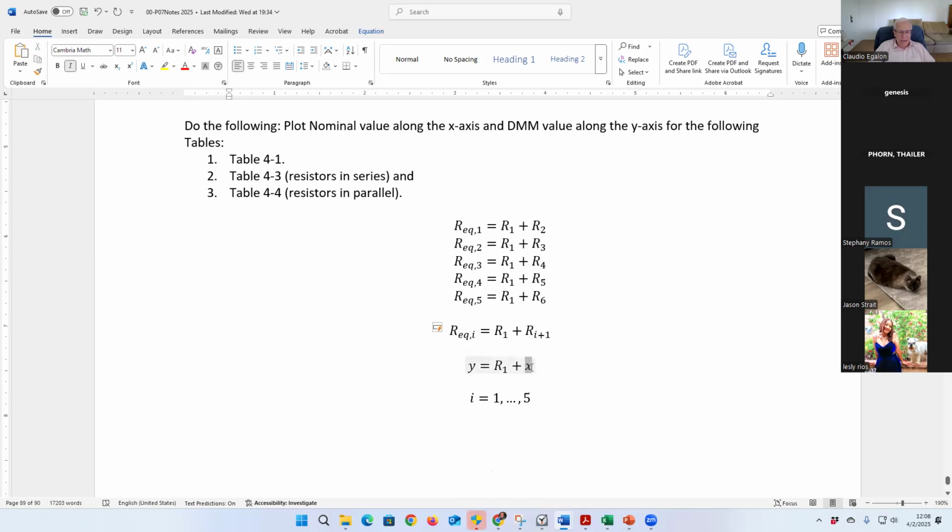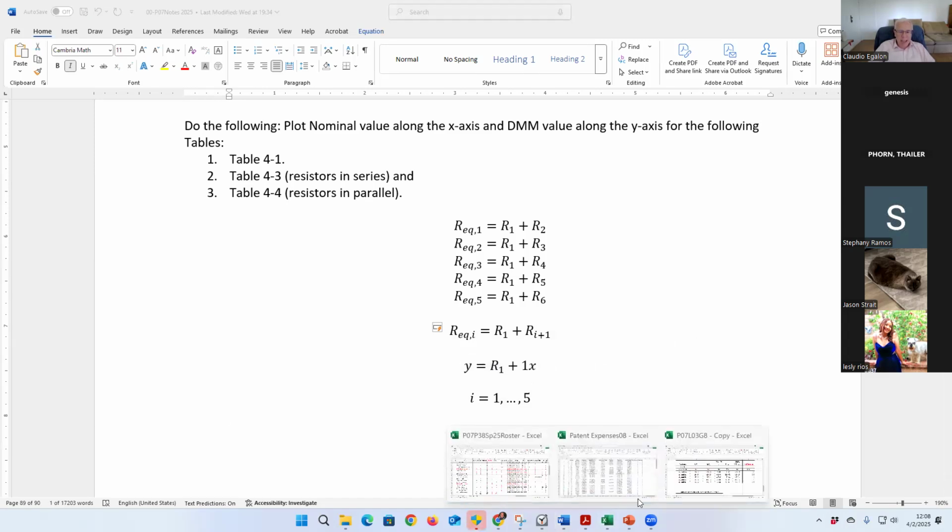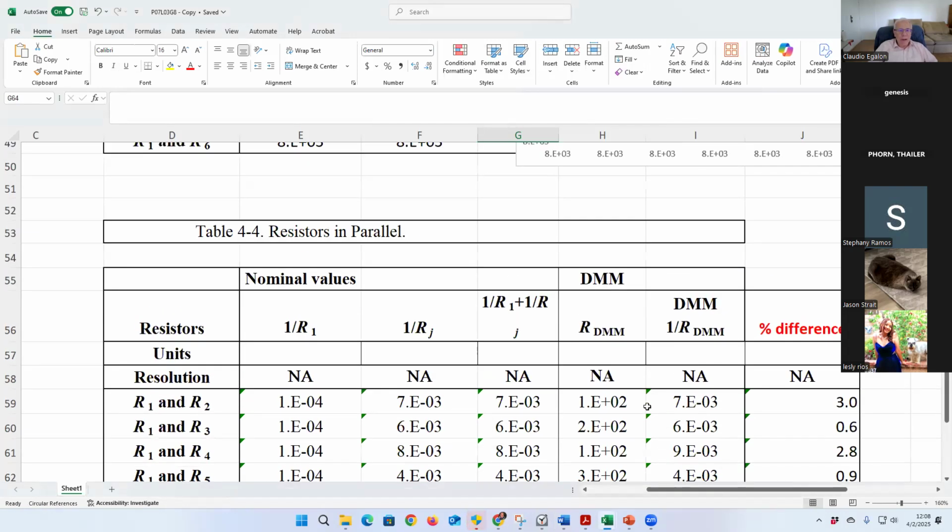It's linear in X, and it has a slope equal to 1 and an intercept that's supposed to be equal to R1, right? Let's see if it matches. Here we go.